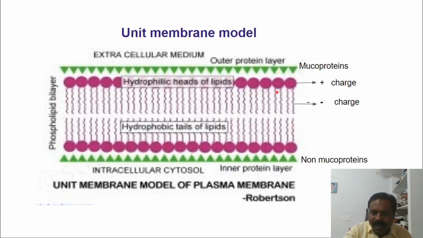The external hydrophilic head of the lipids is positively charged, and the tail region is negatively charged, and this lipid region is bound with this protein region. So this is the model proposed by Robertson.